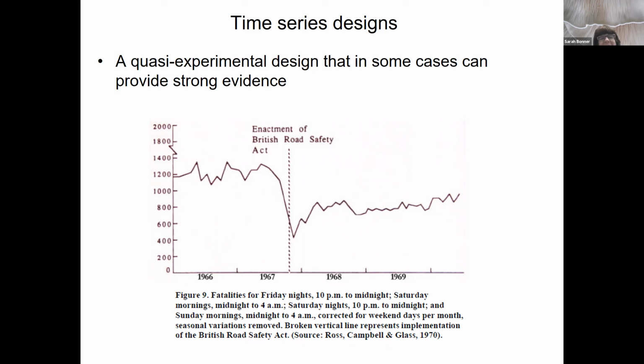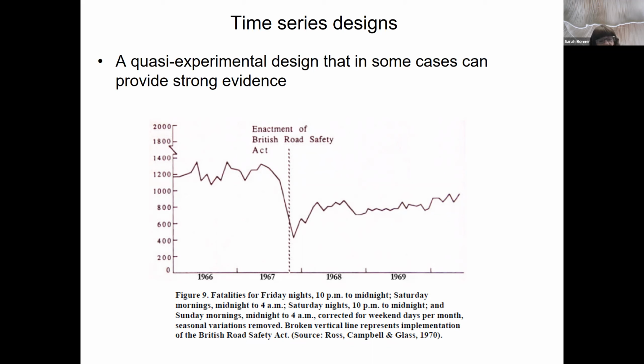And really, the basic analysis of this is, again, ocular. You look at it, you go, wow, that is such an abrupt drop. Unless something else major happened, like the invention of headlights, then I'm going to have difficulty attributing that drop in fatalities to anything else except the enactment of this act.